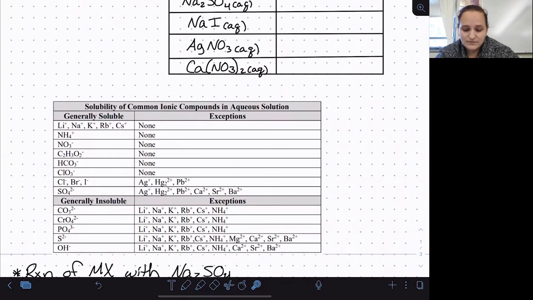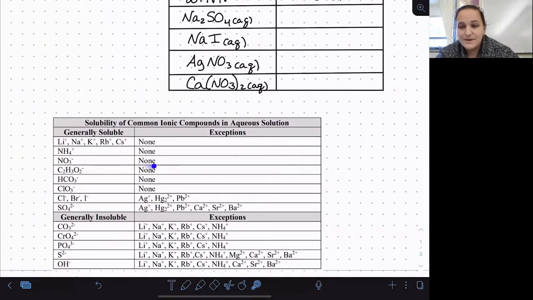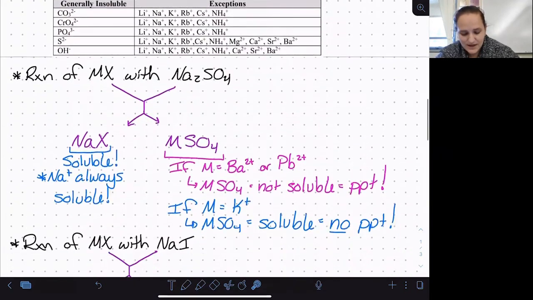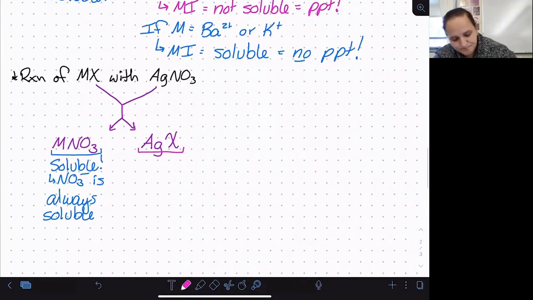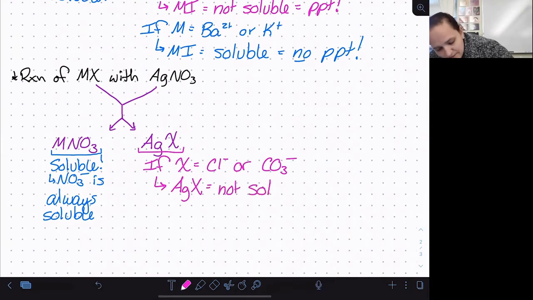However, nitrate, our other option, is soluble with everything, so we would not expect to see it precipitate if our anion was nitrate. So in this case, if X is either chloride or carbonate, then we would expect this compound to be not soluble, which means we would see it precipitate.